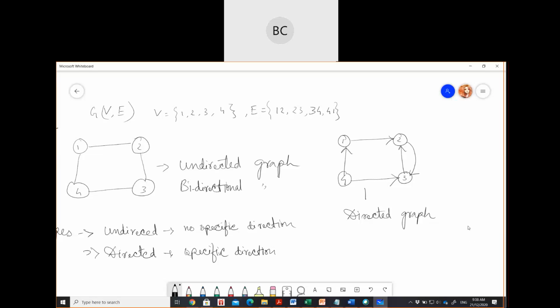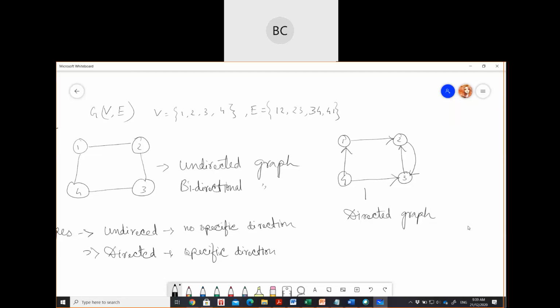From node 2 you can go to node 3. From 3 you can go to node 2, because there are two edges between 2 and 3, one going from 2 and one going to 2. From 4 you can go to either 3 or node 1, but you cannot go to node 2. So that's the difference.